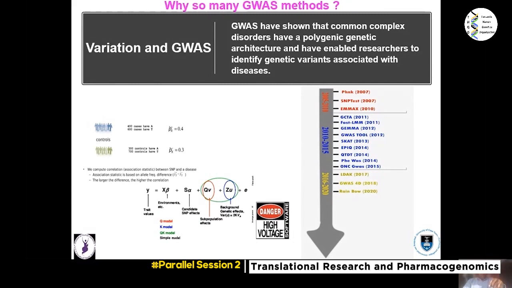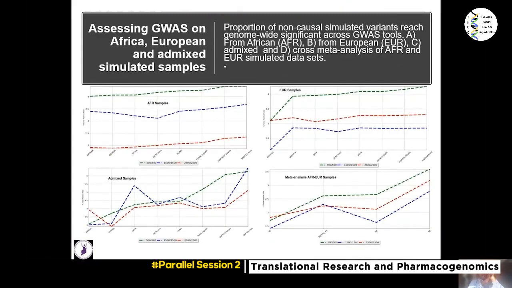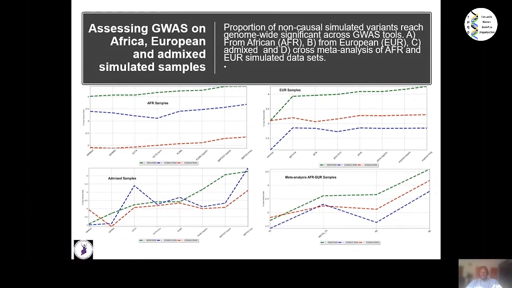So we took a step forward to do so, whereby we simulated case-control data with, of course, causal SNPs, that mimic structured African populations, and also case-control data that mimic European populations, and also an admixed population, where we simulate highly admixed individuals in a five-way fashion.